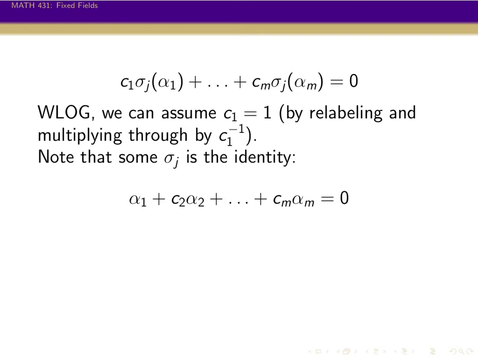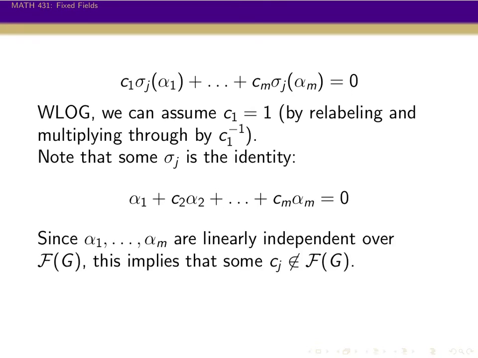Okay. Furthermore, since this is happening for all of the sigma j's in the group, and one element of the group is the identity, there is some sigma j such that all of the alphas are just sent to themselves. So this is one of the equations here. Now, alpha 1, alpha 2, through alpha m, these are a basis for K over F. So what does that mean?